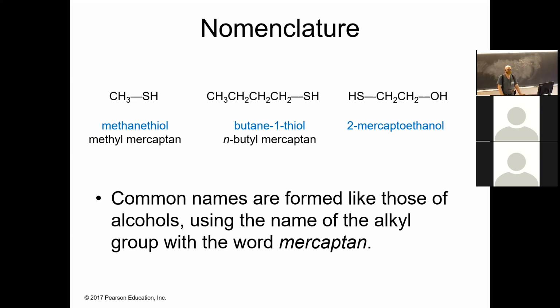Okay, during World War II, the Germans developed a poison gas called lewisite, and it contained arsenic. And the sulfur groups would bind very tightly to the arsenic and render it less toxic and less volatile.